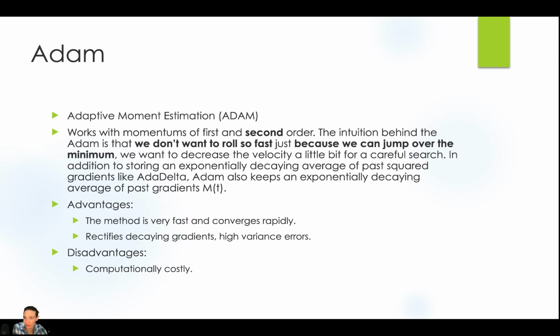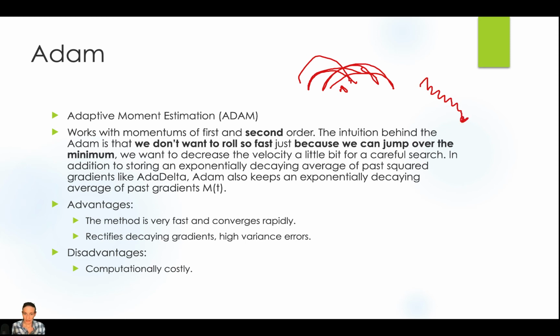Adam optimizer, a very popular optimizer, adaptive moment estimation. It works with momentums of the first and second order, and the idea is we don't want to roll so fast because we can jump over the minimum. Again, this idea that we could jump back and forward and ignore the actual minimum instead of slowly going towards the minimum.